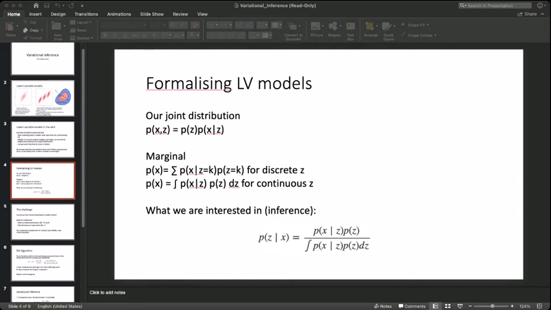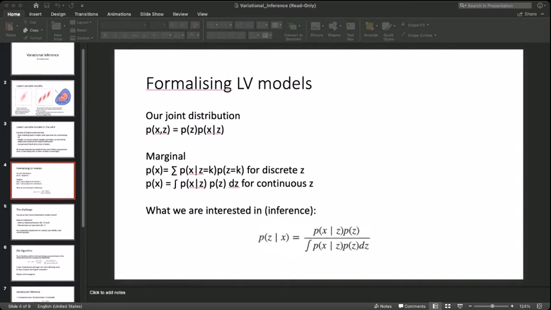So you can do that substitution twice, actually. But as far as getting to the... actually, yeah. So then p of x is equal to the integral of p of x given z times p of z.